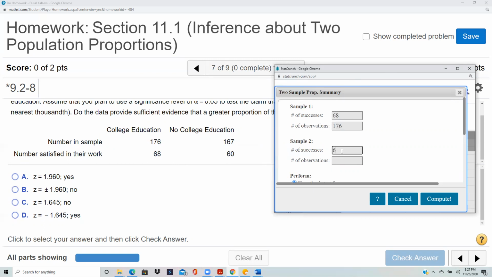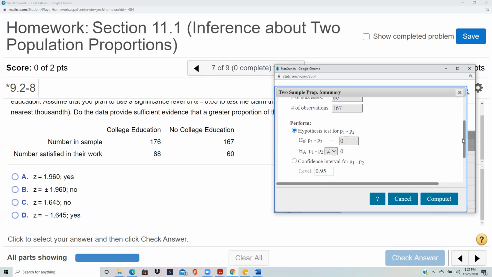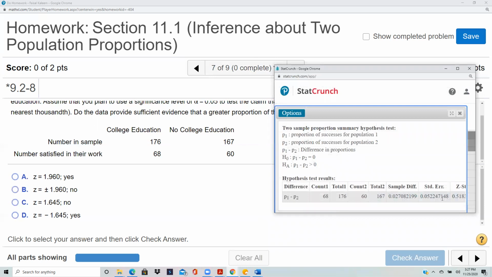And then 60, and 167. And then in the hypothesis test, you had greater than, and compute. Okay, so let's look at the p-value.